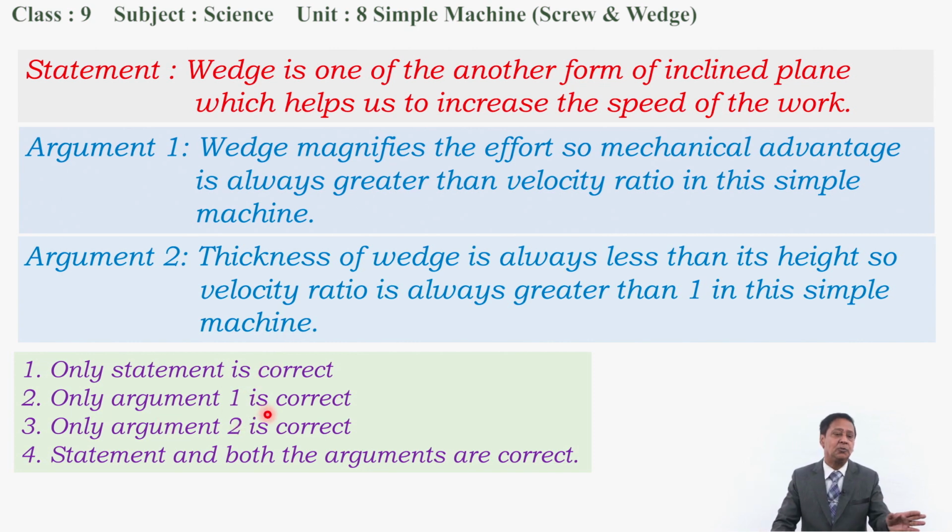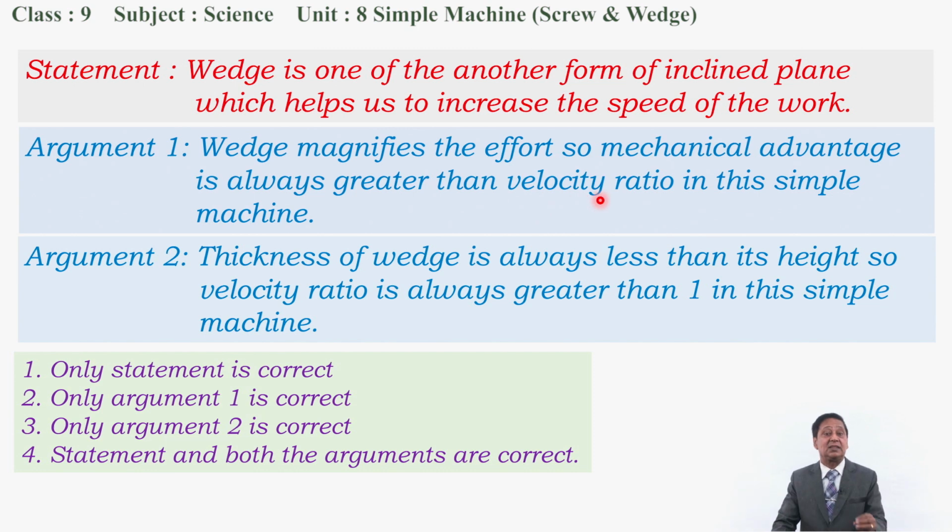Only argument 1 is correct. Is it so? Argument 1: wedge magnifies the effort. Yes. So mechanical advantage is always greater than velocity ratio in this simple machine. The second part is not correct, because in every simple machine, velocity ratio is always greater than mechanical advantage.